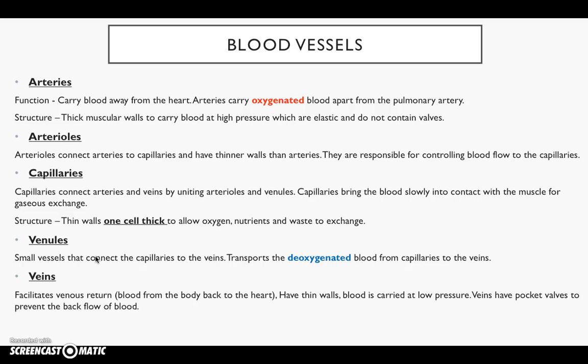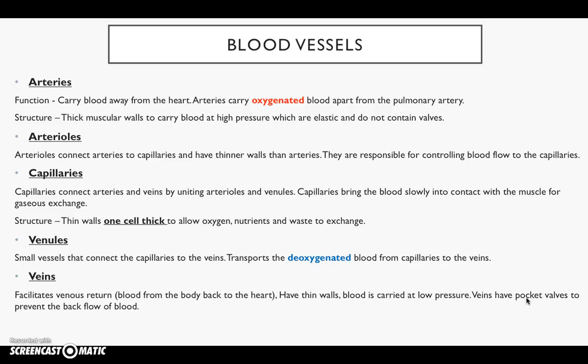Venous return is blood coming from the body back to the heart. Veins have thin walls, blood is carried at low pressure, and they have pocket valves to prevent the backflow of blood. That's really important, the fact they have valves to prevent the backflow of blood.